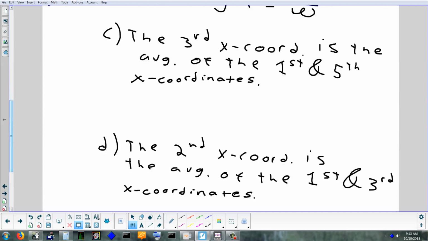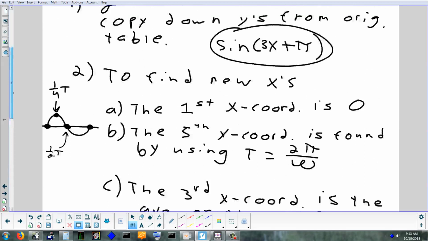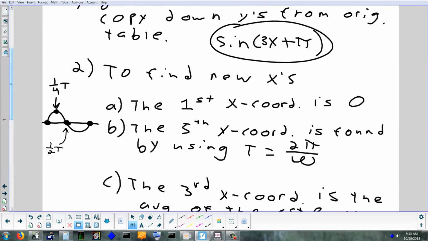Yep. Well, the next one will be 3/4 t. Each one is a quarter point of the cycle, so that's really good if you noticed that.